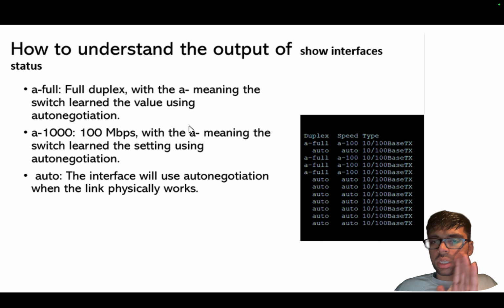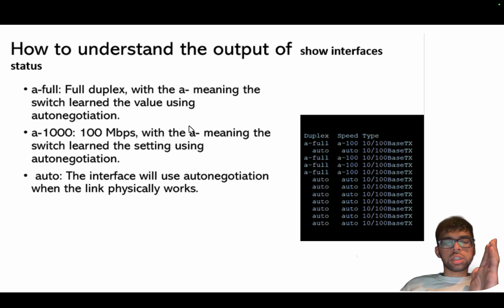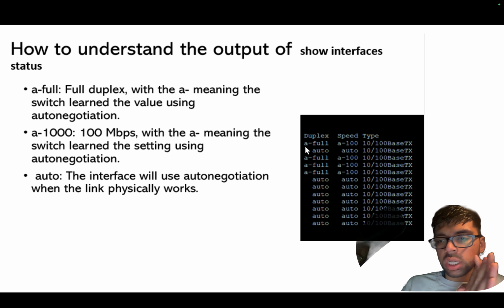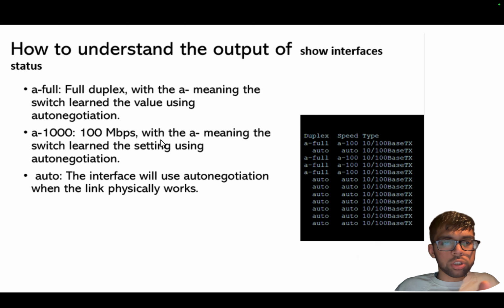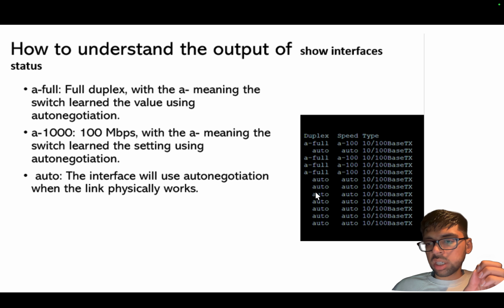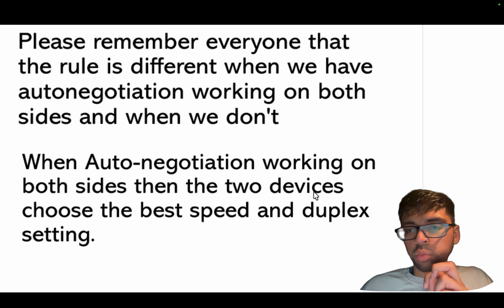A100, that means using 100 megabits per second speed, and that was learned by auto negotiation as well. Auto means the interface is going to use auto negotiation when that link is physically working. It's not in a position now to use auto negotiation, but it will when that link is physically working.